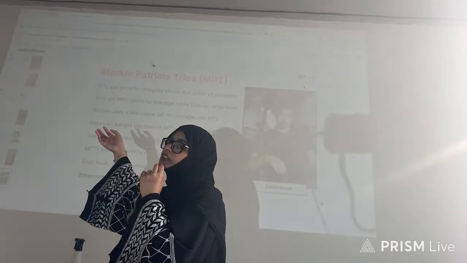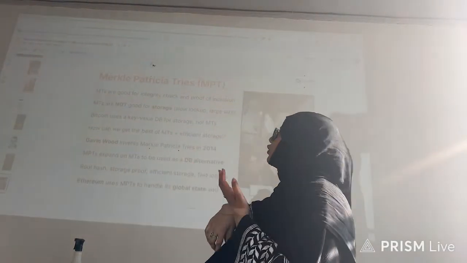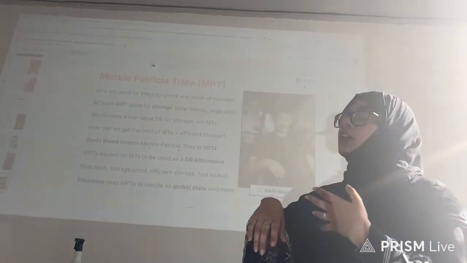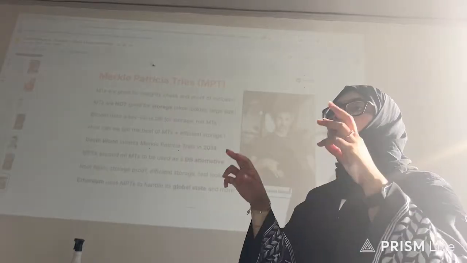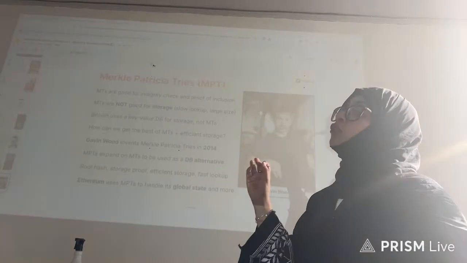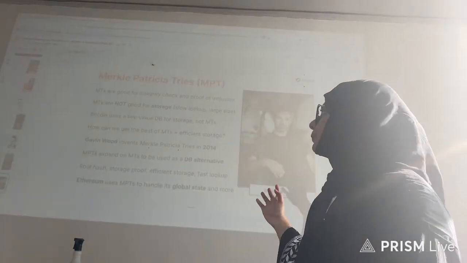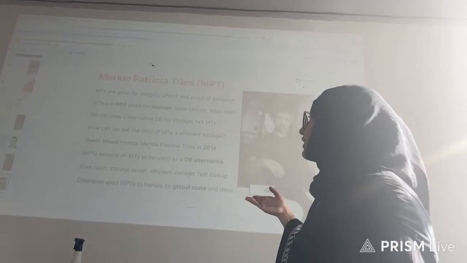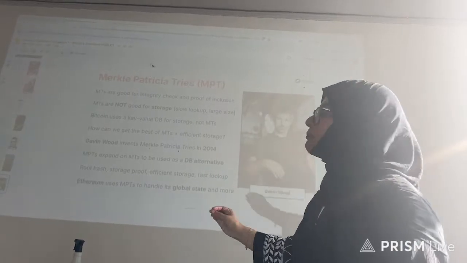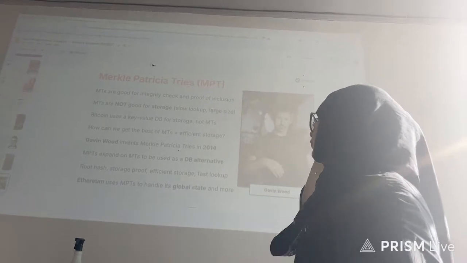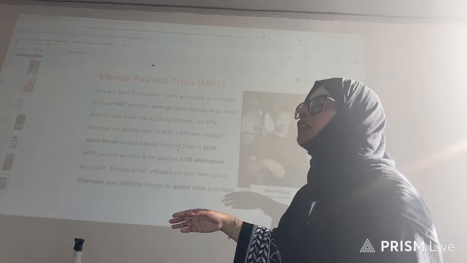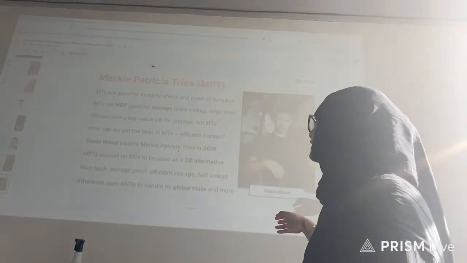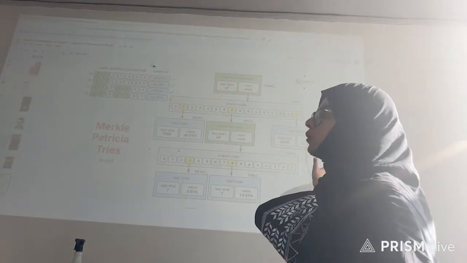Merkle trees are good for lookups and good for proof of inclusion, but not good for storage. So Gavin Wood invented this concept to expand on the storage part, where he wanted Ethereum to handle the global state and do more, right?